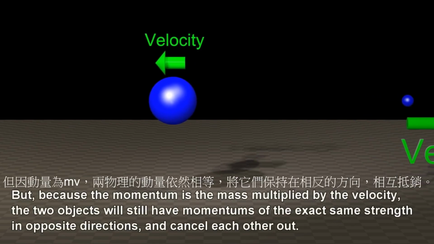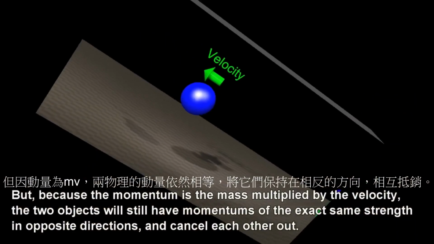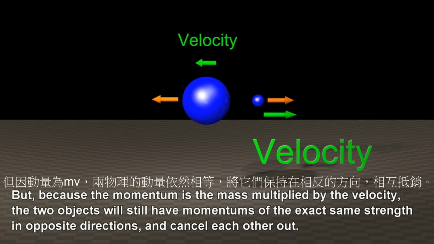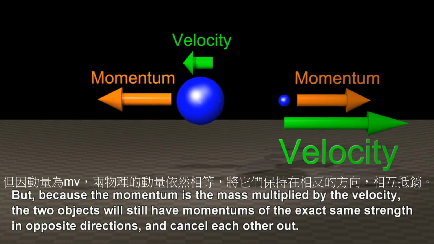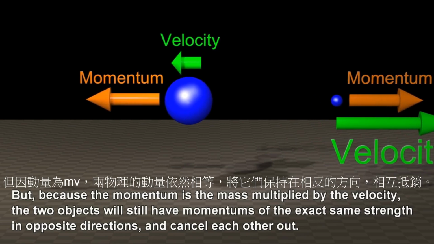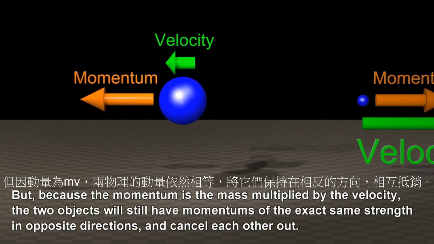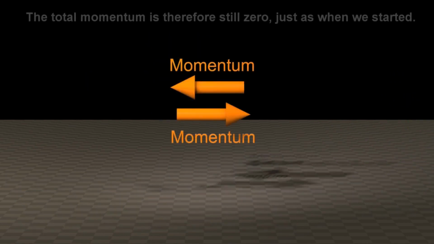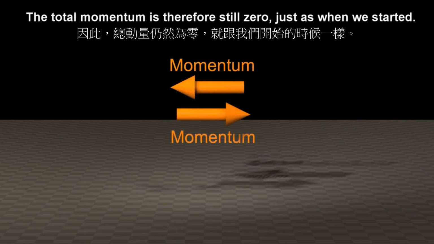But because the momentum is the mass multiplied by the velocity, the two objects will still have momentums of the exact same strength in opposite directions and cancel each other out. The total momentum is therefore still zero, just as when we started.